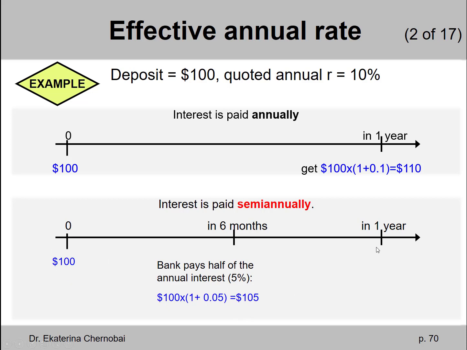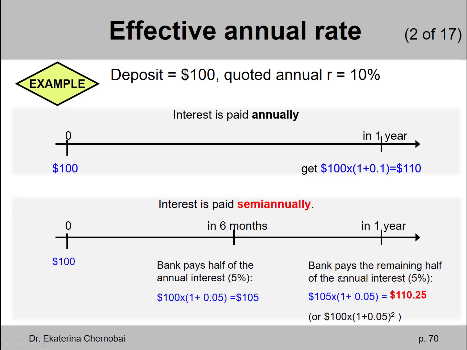So what's the additional 5% of 105? It's an additional $5.25. At the end of the year, we have 105 from 6 months earlier with 5% added to it. So you have 105 times (1 plus 0.05) equals $110.25.